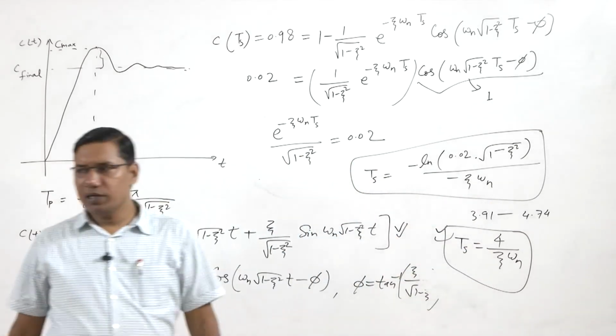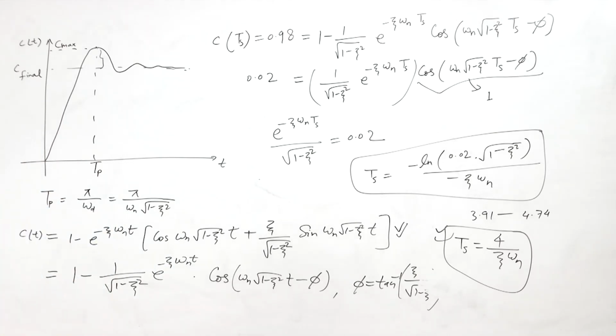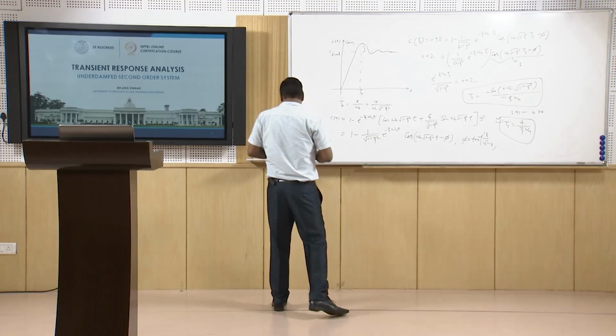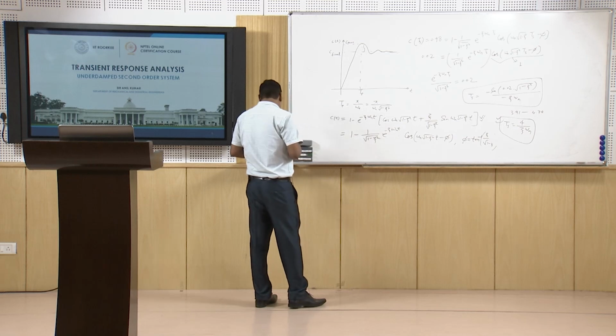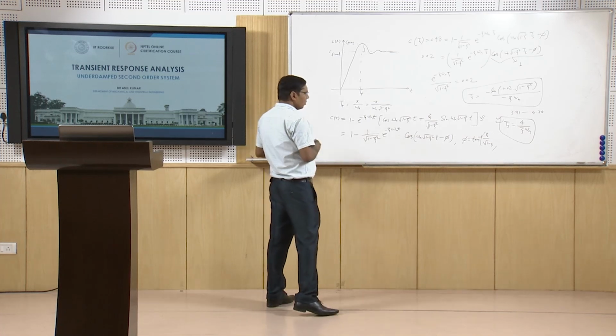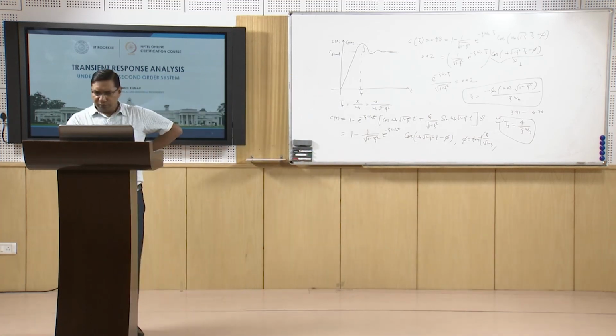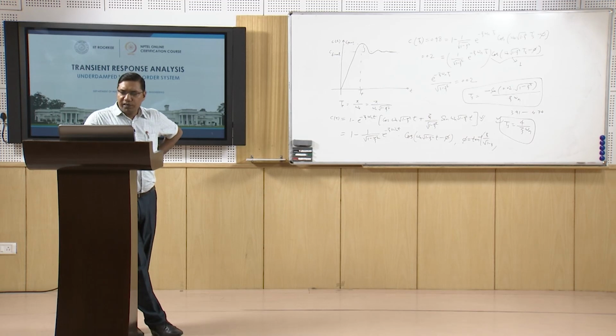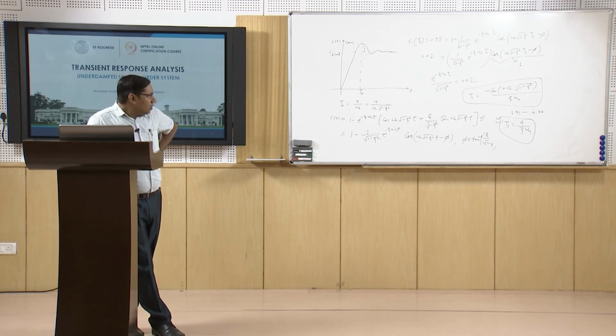So settling time is 4 upon zeta omega n, and we find that Ts equal to 4 upon zeta omega n.